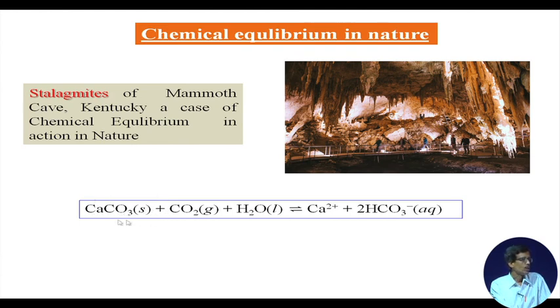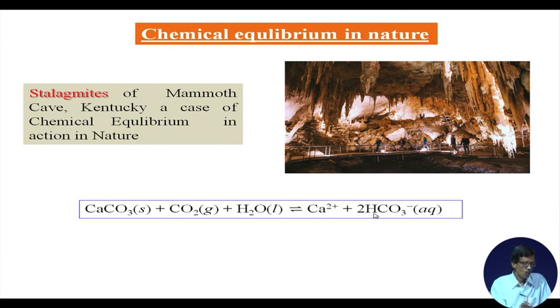The dissolution of this calcium carbonate can take place in presence of the extra carbon dioxide present in the environment. The carbon dioxide present in the air, in presence of the water which is also there in the solution, can dissolve. There is definitely flowing water, and water can also have some dissolved carbon dioxide. So, dissolved carbon dioxide in this water can go for the dissolution, giving Ca2 plus and bicarbonate ion.